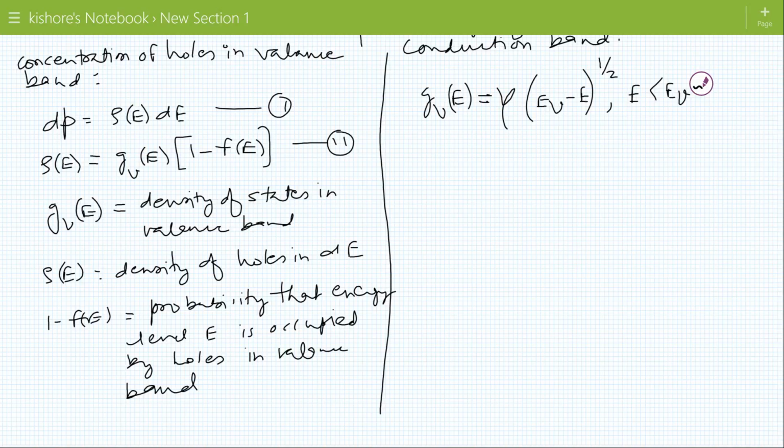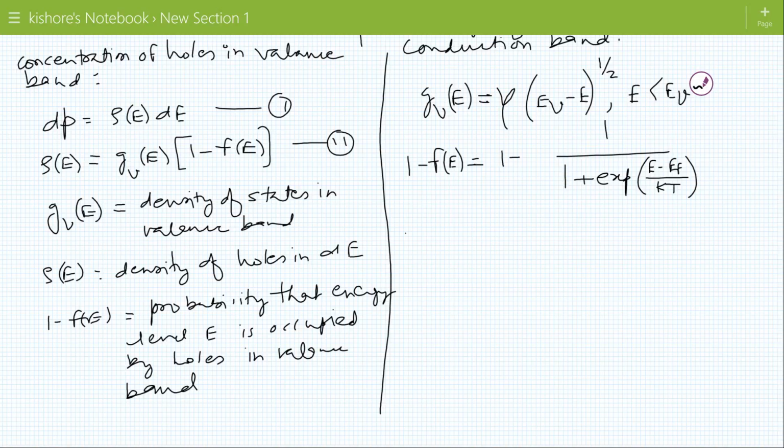Now 1 minus Fe is 1 minus 1 upon 1 plus e to the power (E minus EF) by kT.